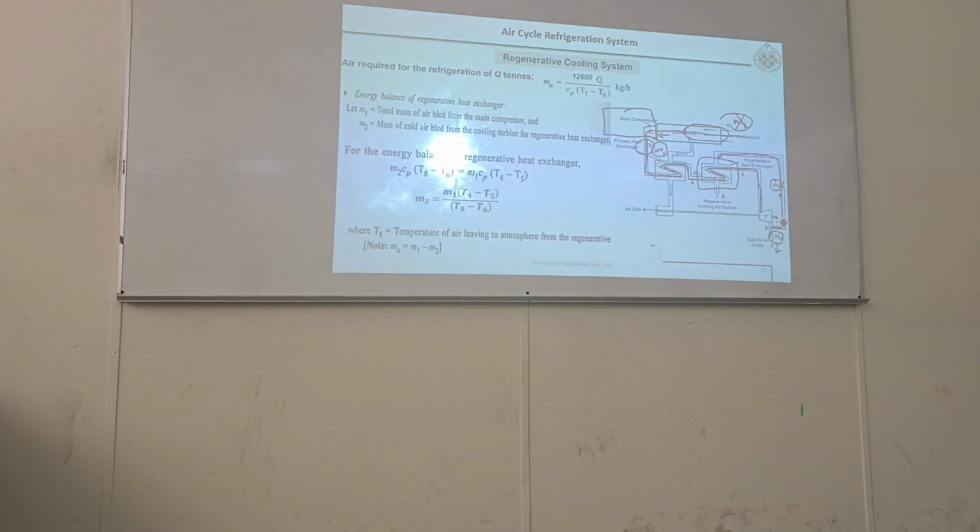Now here this M dot 1 is separated into two parts: M dot A, which is flowing towards the cabin, and this one which is flowing towards this heat exchanger. So I can say M dot 1 is equal to M dot A plus M dot 2. Okay, so that's what we discussed last time.